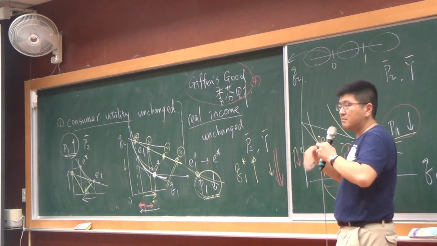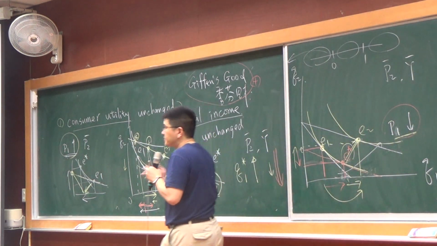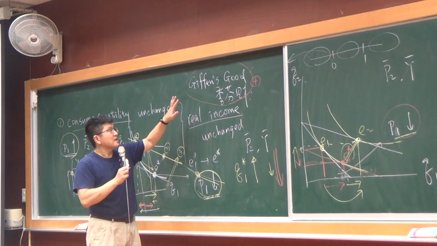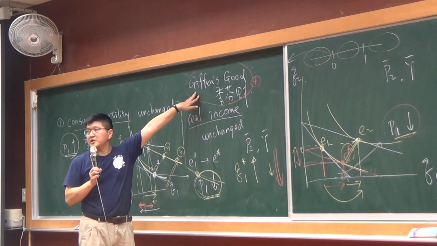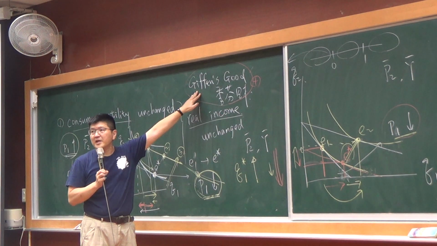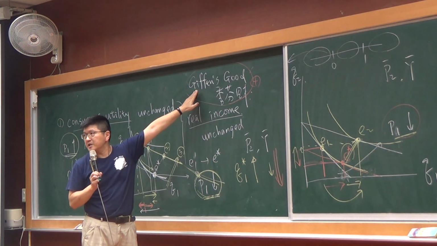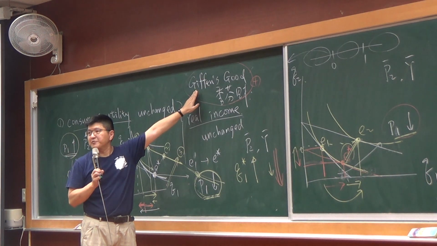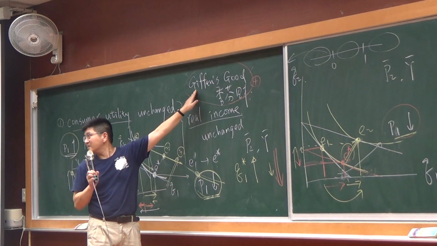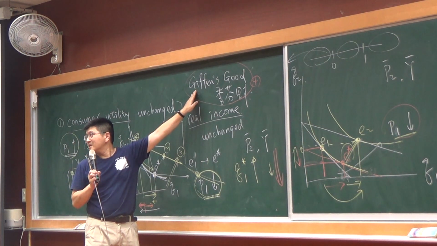Or we may say in a reverse way. If you see something which is a Giffen good, we may conclude that this Giffen good must be an inferior good and very inferior. Is that clear? Okay?